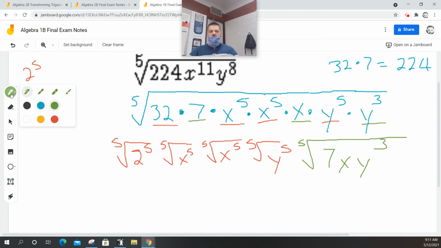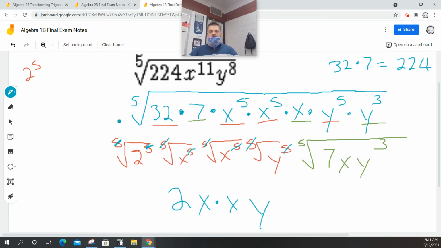Now what's going to happen with all these 5th roots? Well, this is going to cancel with this, so that just leaves me with 2. This cancels with this cancels with this, so that leaves me with x times x. This cancels with this, and I get y. And all the stuff in green can't be reduced, so that's the 5th root of 7x y to the 3rd.